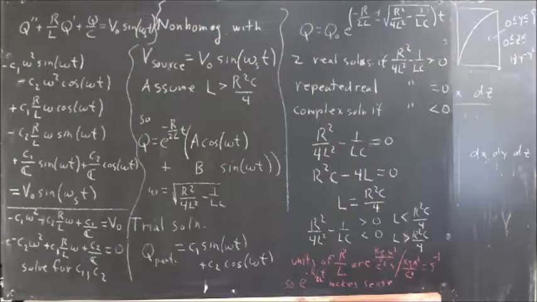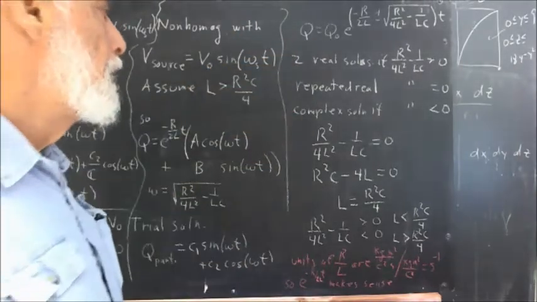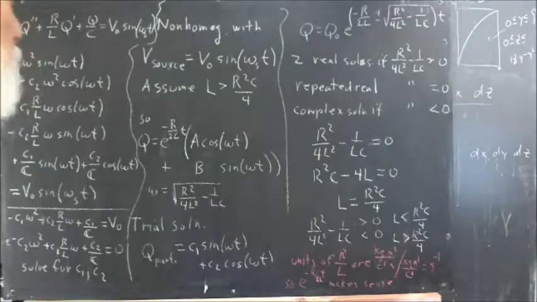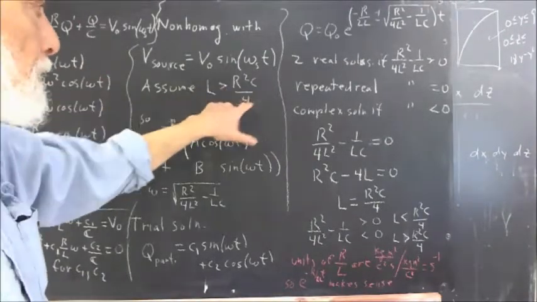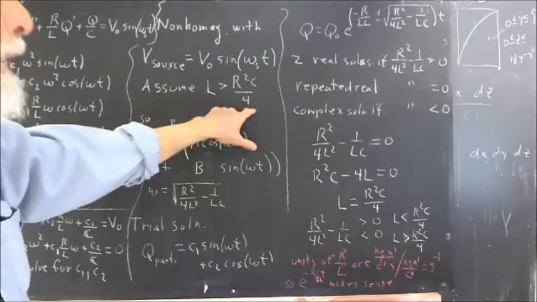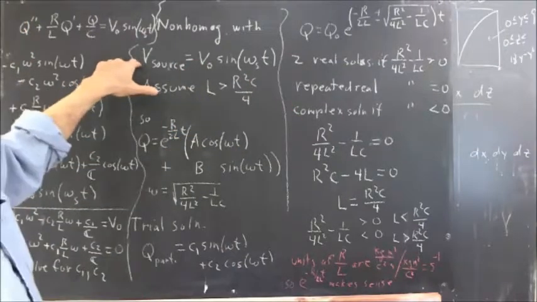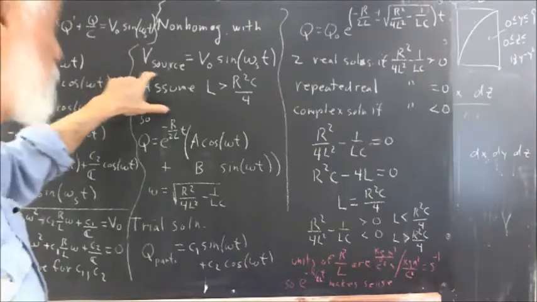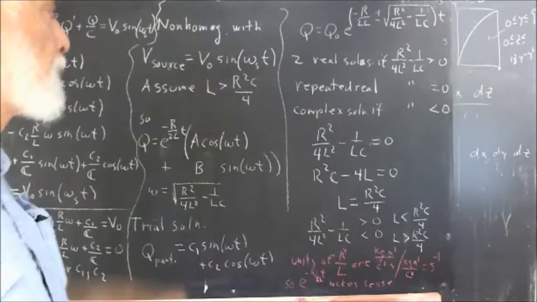Okay, so now there's our detail of the types of solutions. What I want to do is assume that L is greater than R squared C over 4, sufficient to give us oscillatory behavior, and we're going to drive the system, the circuit, with the source V naught sine of omega S t.